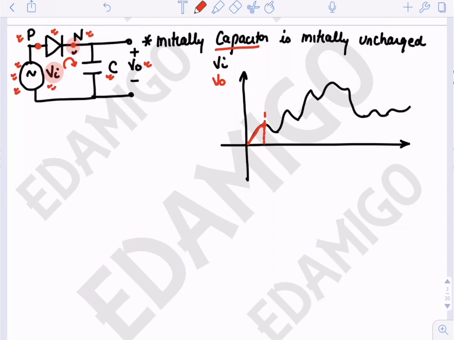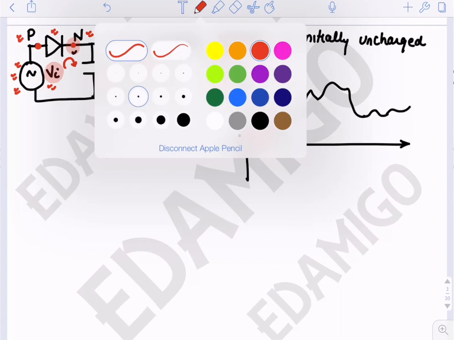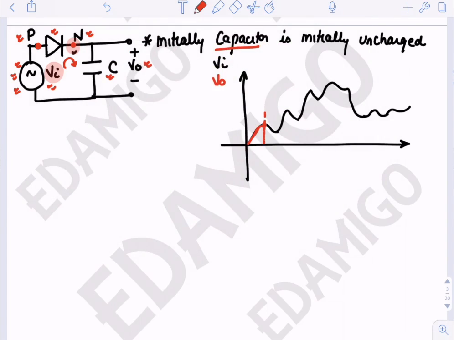Let us say this is T1. At time t equals T1, the voltage across the capacitor is, let us say, V1 volts, so the capacitor is charged with V1 volts. This is the diode and this is input voltage Vi.